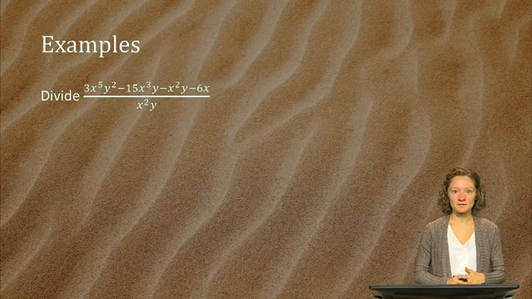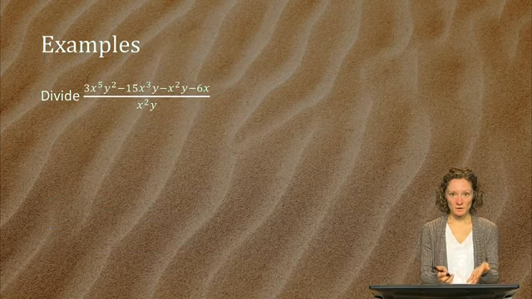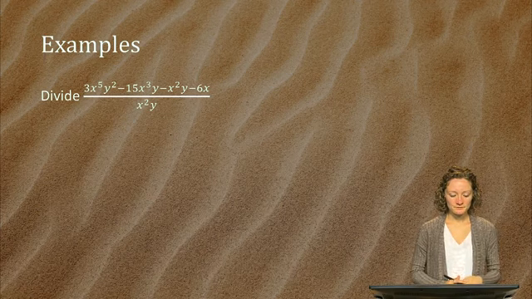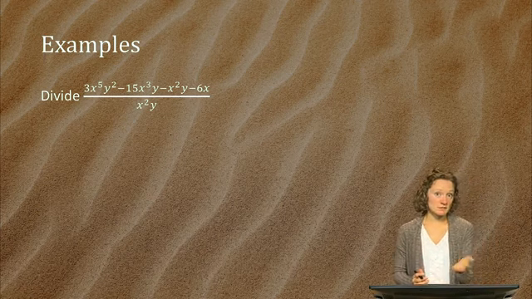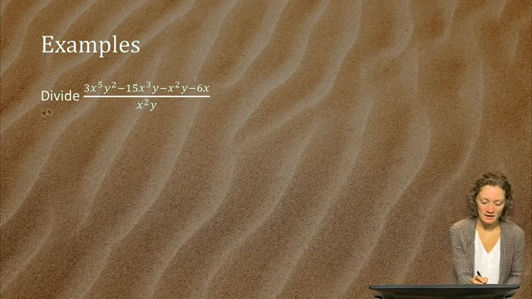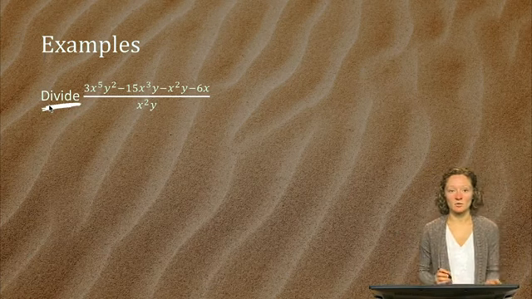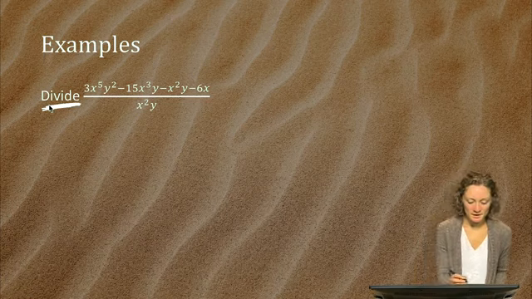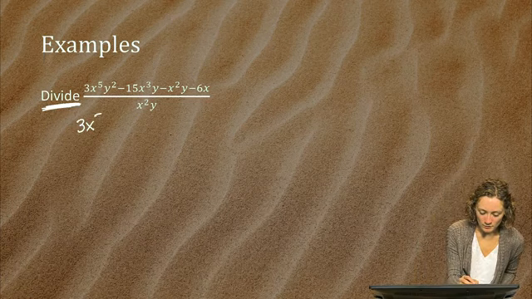Let's do another one. This one's already presented with the fraction bar. If it's presented with the division symbol, you just set it up this way, but the directions saying divide are what tell you to follow this method. So, break it apart into separate fractions.